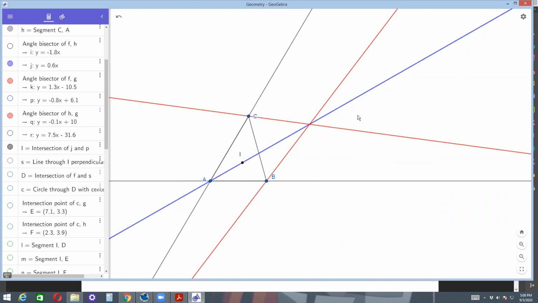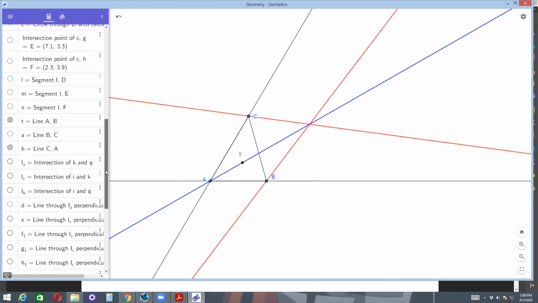And all three of those lines, the two external angle bisectors and the internal one for A, would intersect at a common point, which is called the excenter. And because it's opposite A, it's normally called the excenter I subscript A. So there'll be one for B and C. I subscript B will be here, I subscript C will be down here.